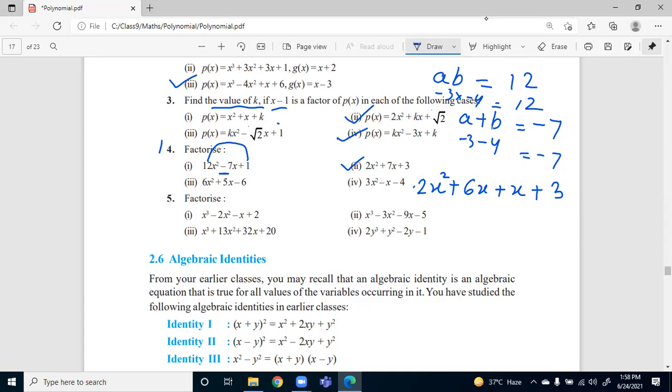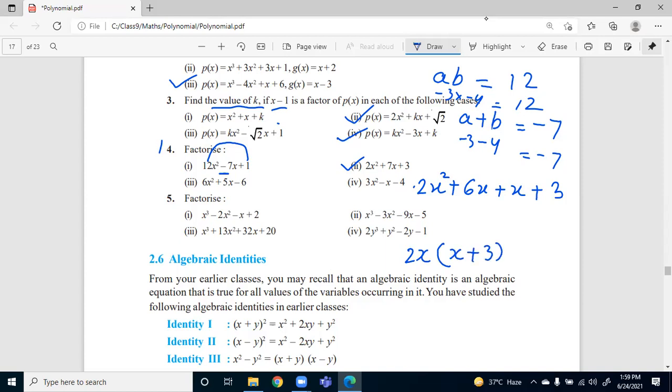What is common in the first and second term? X is common. What else in the numbers? 2. 2 is there in both the first and second term. So what remains in the first bracket? X plus 3.